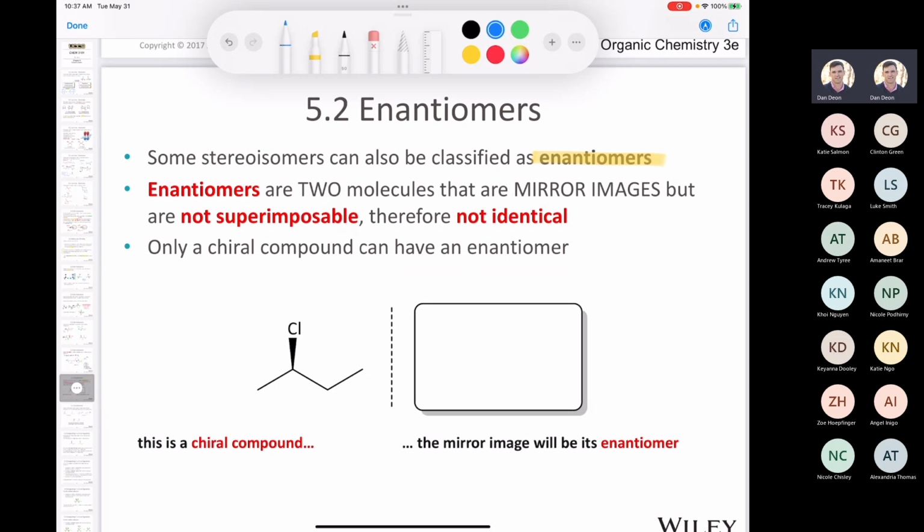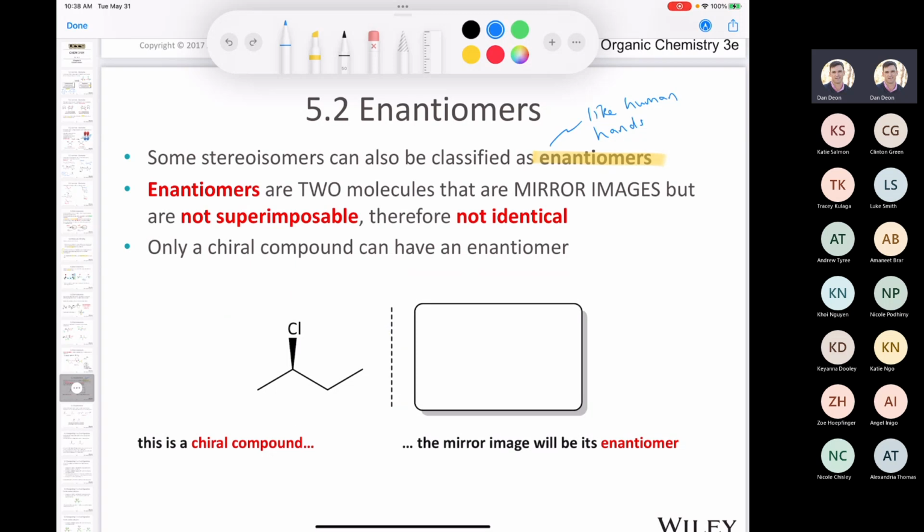We'll put here like human hands. They're mirror images, but you can't put them on top of each other. Now, only a chiral compound can have an enantiomer. If your compound isn't chiral, it's got no enantiomer. It doesn't exist. Now, how would you draw the enantiomer of this chiral compound?